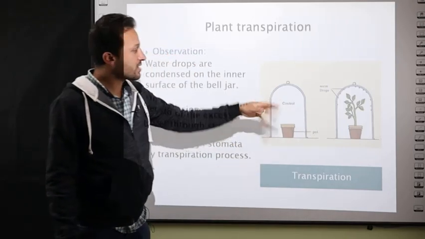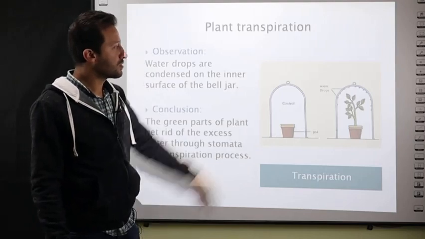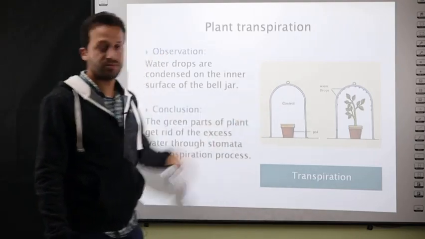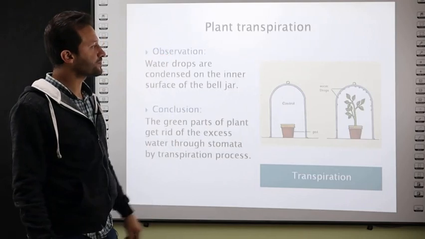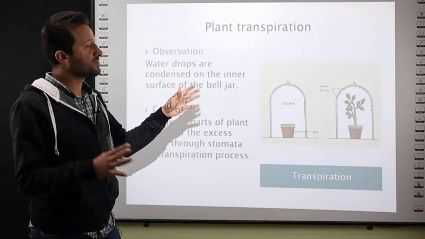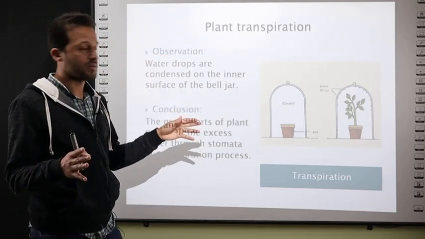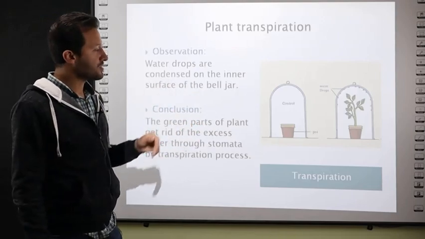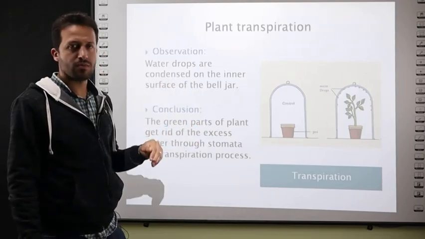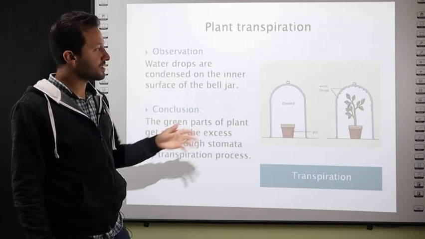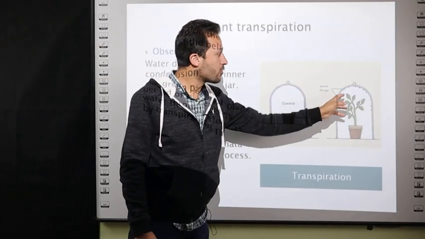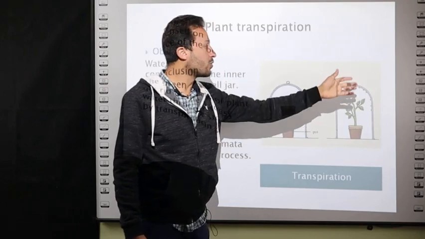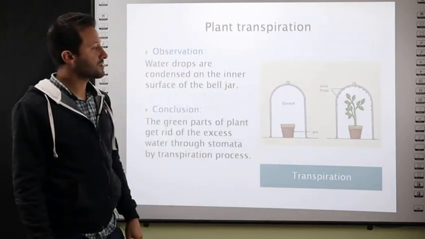We will cover the two pots with a glass container, and we will leave the plant exposed to the sun for hours, and after some hours we will notice that some water drops formed on the inner wall of the glass.